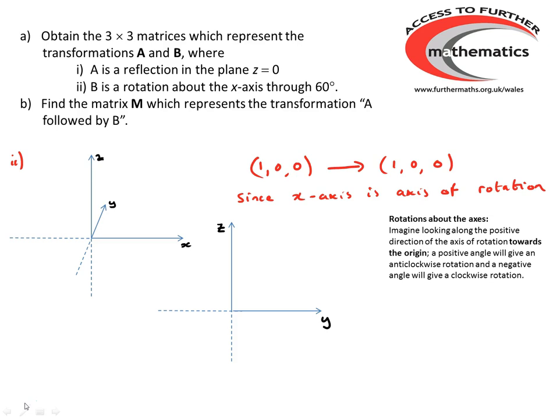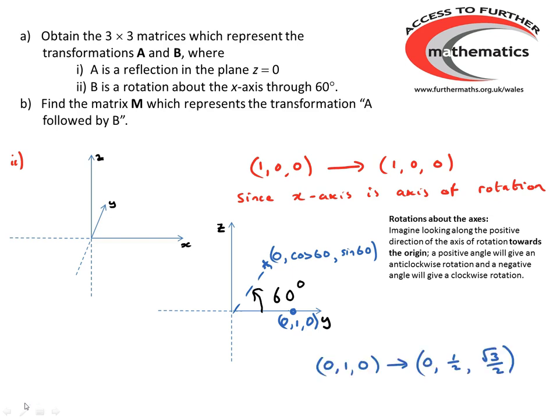If we think about the point 0, 1, 0, first of all, rotate it around by 60 degrees, we're going to get as the image point 0, cos 60, sin 60. So the image of 0, 1, 0 is going to be 0, a half, root 3 upon 2.